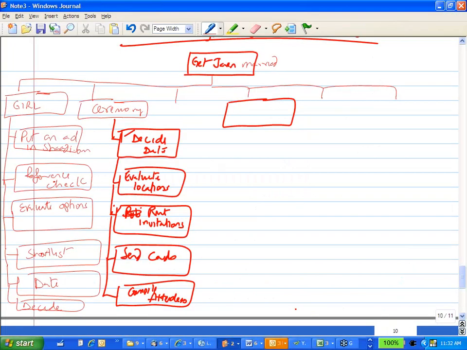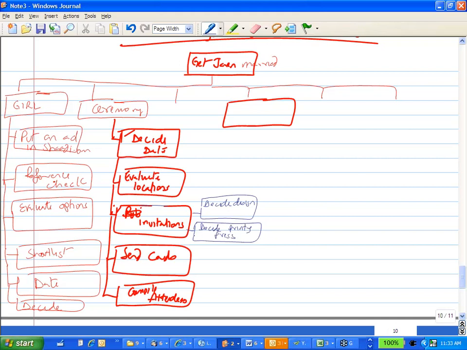So like Rachna and I were saying, the invitations part could be further broken down into another level. For example, decide, design, decide printing press.